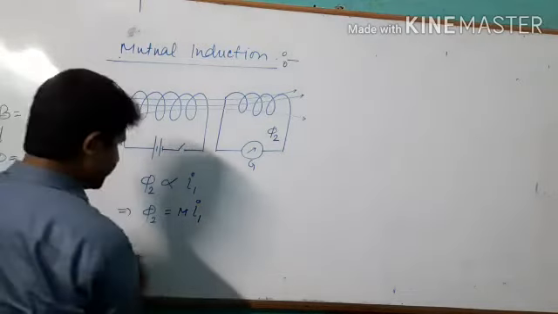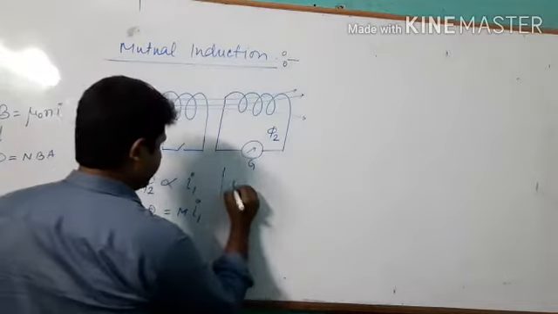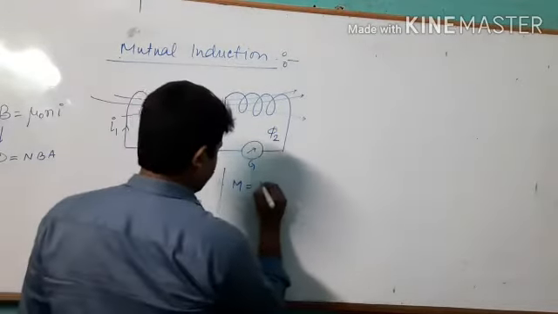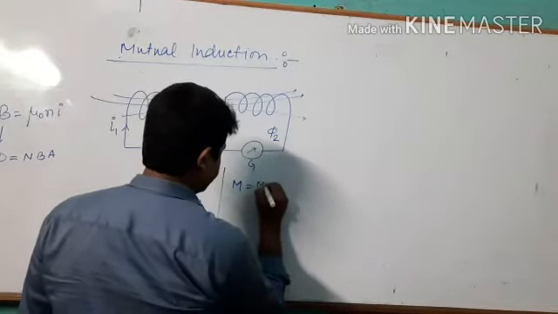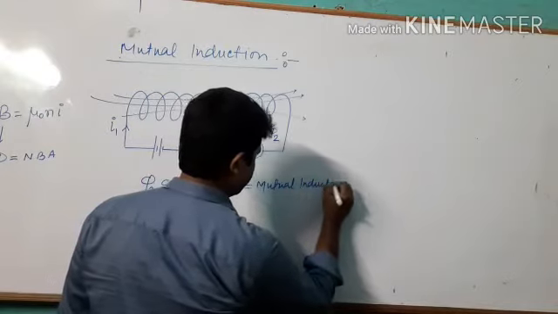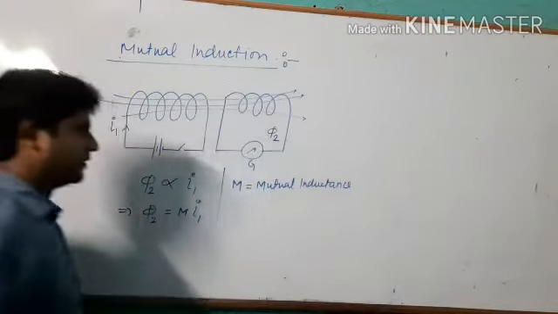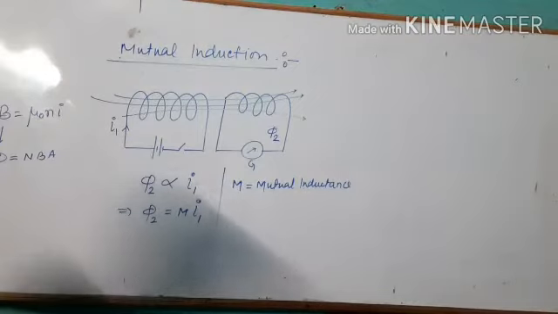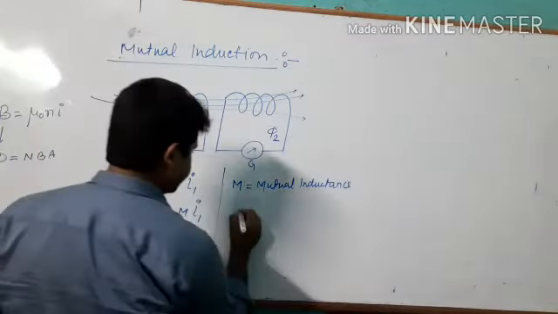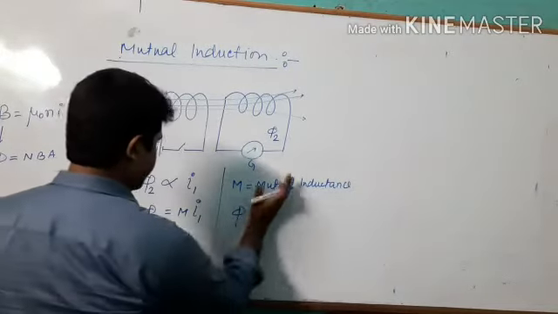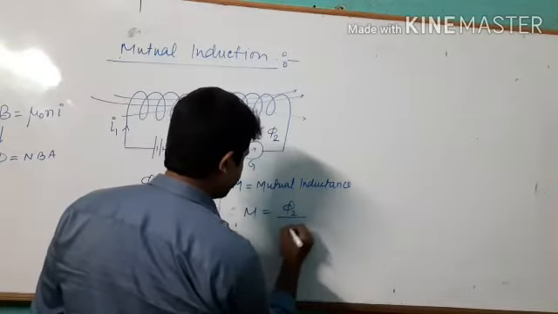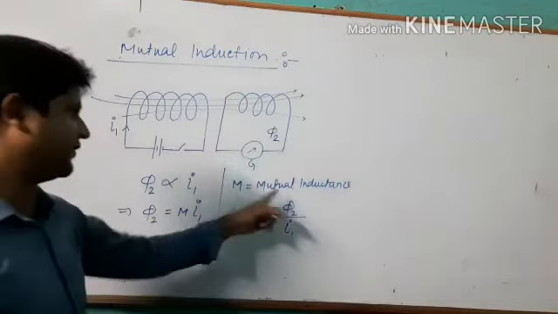Here M is called mutual inductance. So mutual inductance M equal to phi 2 by I1, or you can say it's the coefficient of mutual induction.